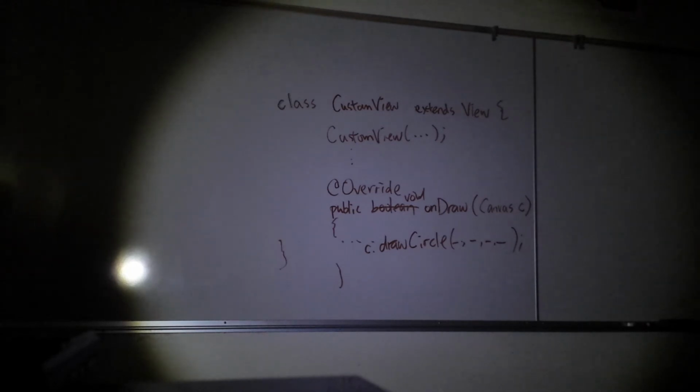So when your activity first appears, this will be called, because this particular view is a component of that activity, and it will call onDraw just to initialize the initial screen. If you have anything appearing on top of that, and that thing disappears, it will also call onDraw again because part of the screen was obscured, and it has to repaint itself just to restore the original view.